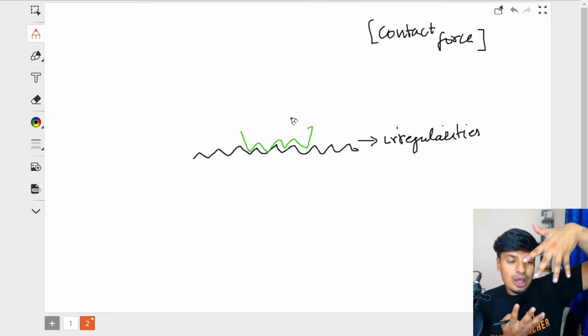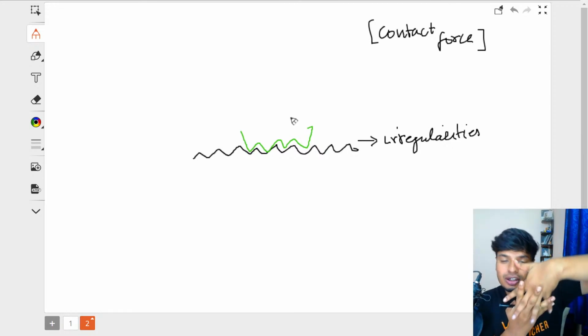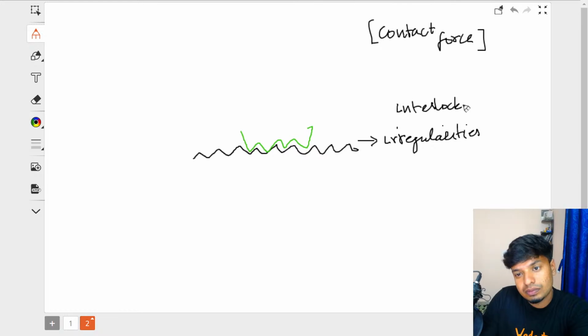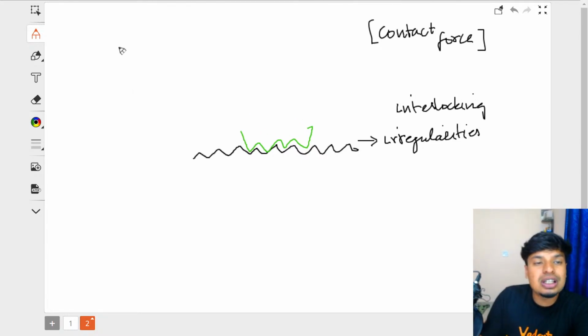Now see what is happening to those irregularities. All those irregularities are getting interlocked. Interlocking is happening, just like your puzzle.